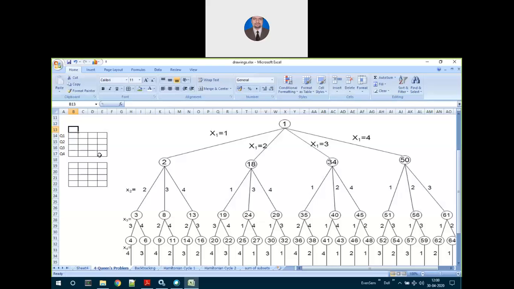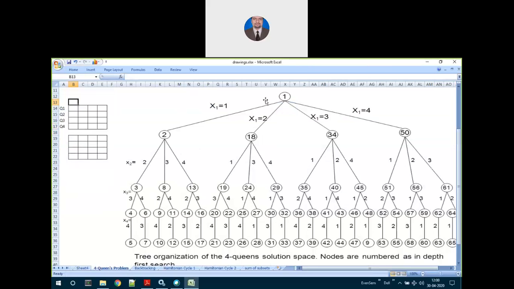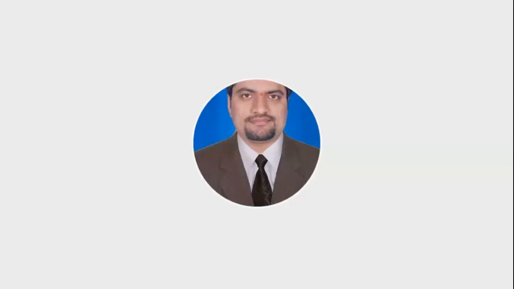Now in the state space tree, as you may see, we have different levels. The root node is there, then the second set of nodes which are down from the root, that is 2, 18, 34. Between these there are edges, this is level 1. Here we have taken it to be the x1 values.